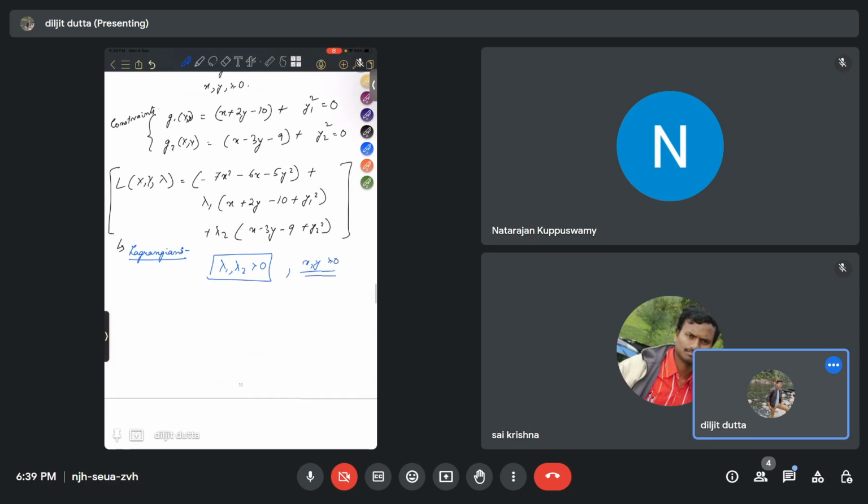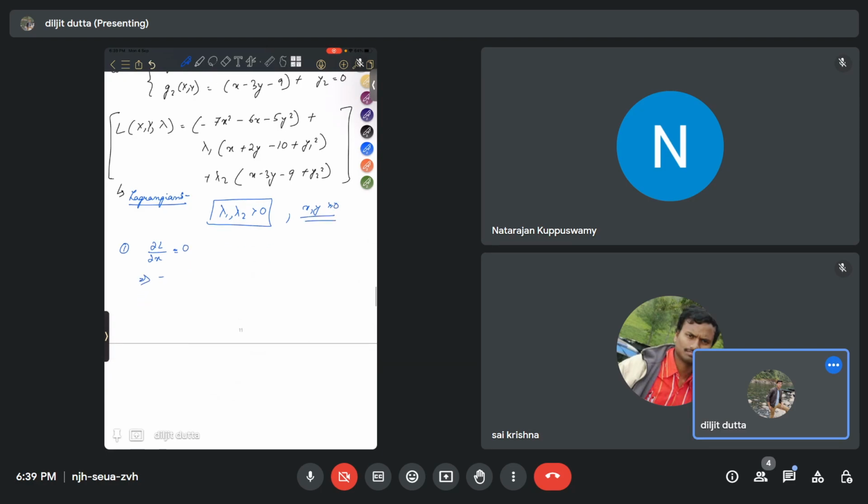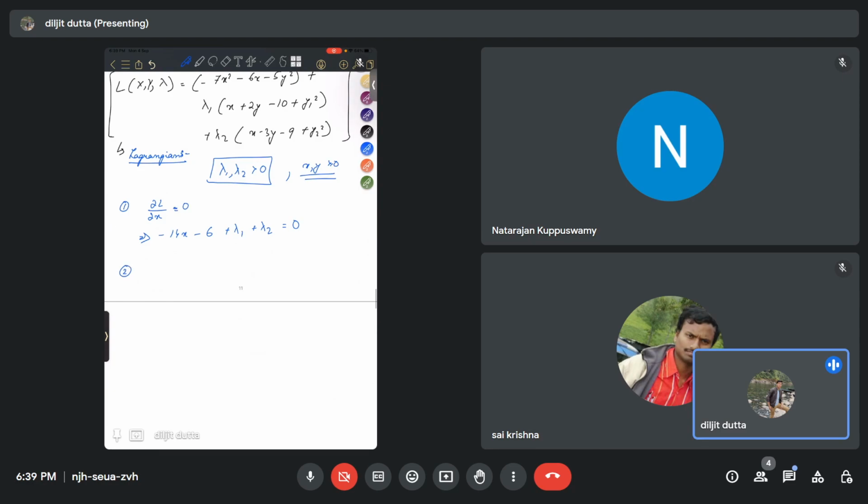We'll obtain the first condition, that is del L by del x equals 0. This will give minus 14x minus 6 plus lambda 1 plus lambda 2 equals 0. The second condition is del L by del y equals 0.